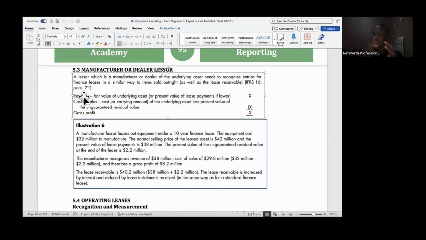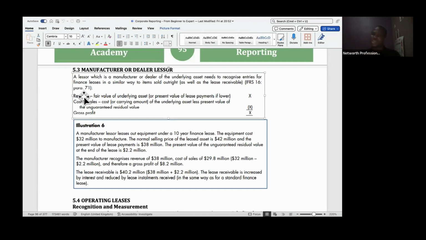Because if you look critically at that net investment in the lease, what it shows is the consideration the lessor is entitled to from the conveyance of that asset. So this revenue here should be the net investment in the lease.